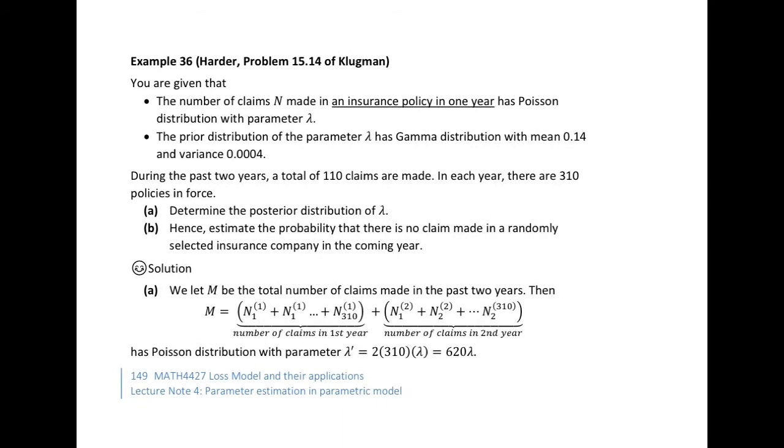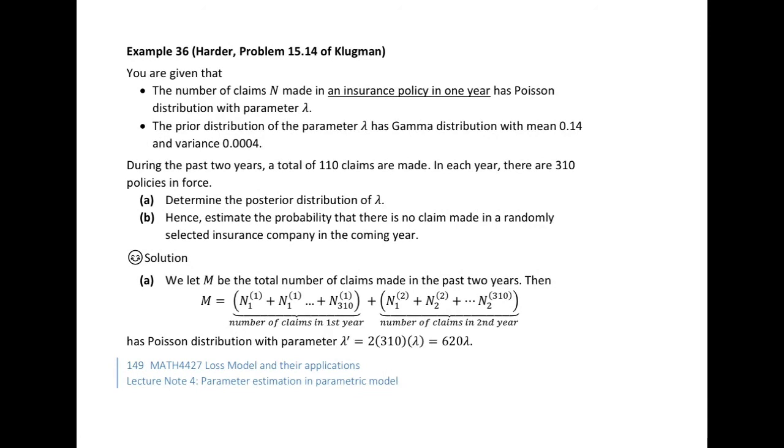Now in this example, we consider this scenario. Here we will consider an insurance policy that covers a particular risk, and you are given that, first of all, the number of claims made in an insurance policy in 1 year has a Poisson distribution with a parameter lambda.